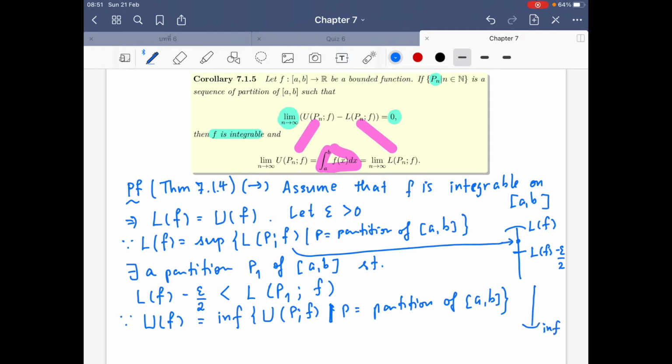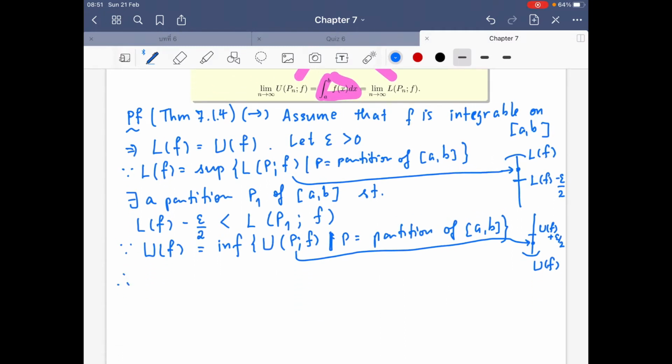The infimum is right here, so let's call it U. If you add a little bit, epsilon over 2, to U, you are going to find an element in this set.